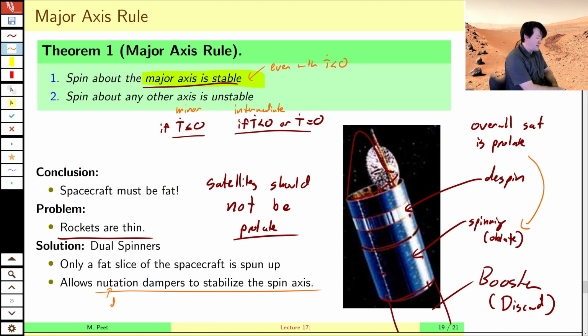Just dissipate energy. So nutation dampers, it sounds like a very fancy term, but in fact, it's just energy dissipation. Any way you want to do that, you just put like a spring in a can of oil, and that'll dissipate energy. So that allows us to stabilize the spin axis.